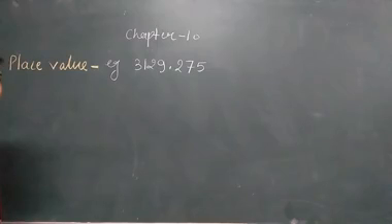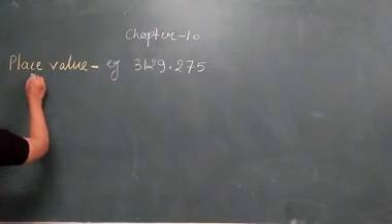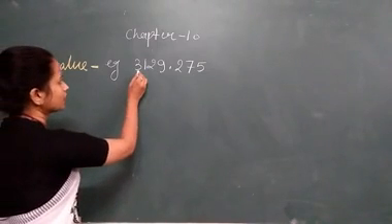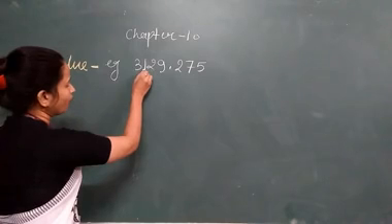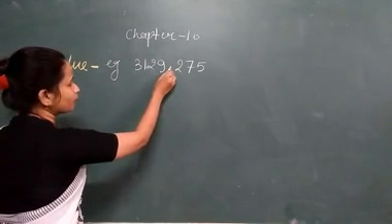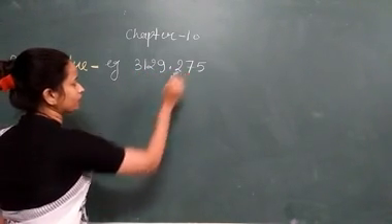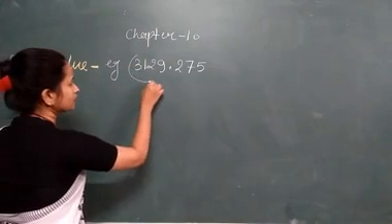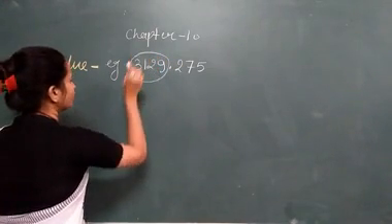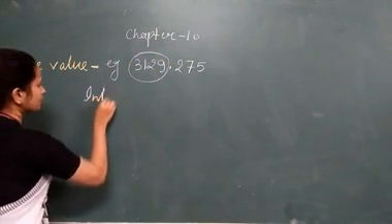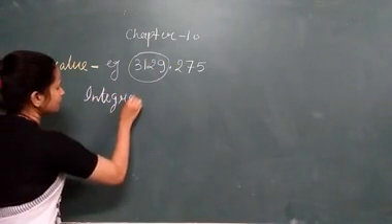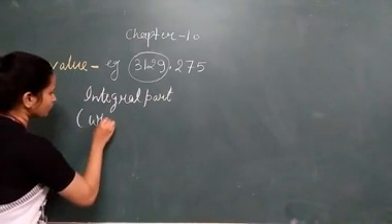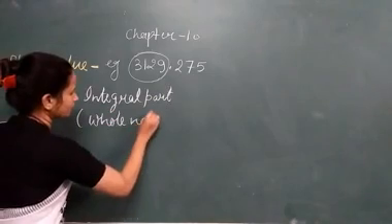Okay. The next point is place value. For example, 3129.275. This one is the integral part. Integral part is the whole number.